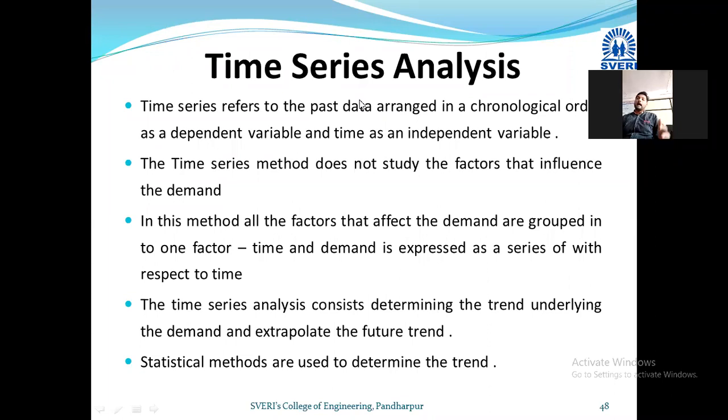So this larger time frame analysis of the demand of a product in the market will be denoted as a trend.